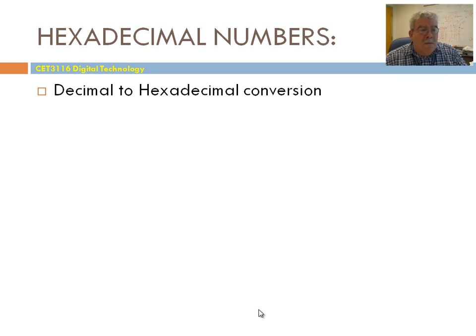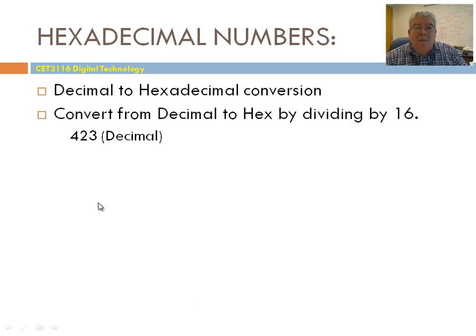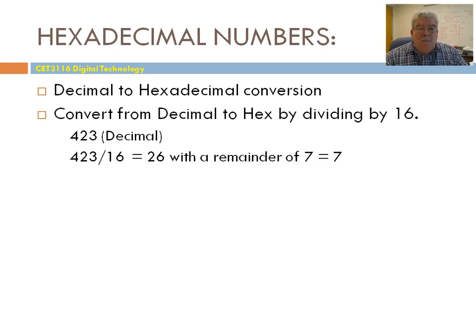So if you have this number, 432, all we need to do is start dividing 432 by 16 and see what the remainder is.